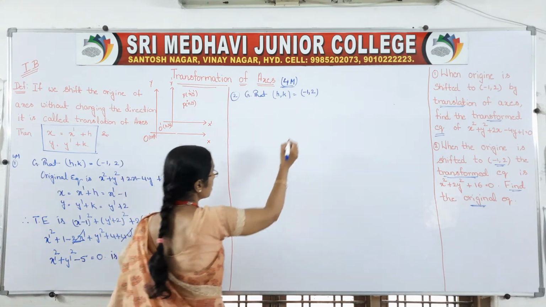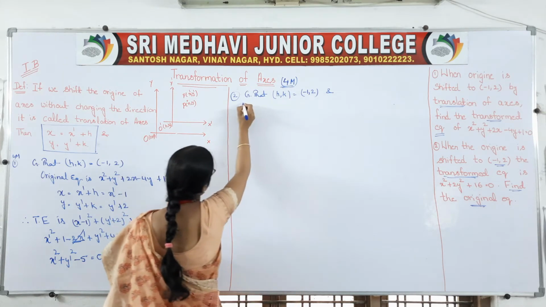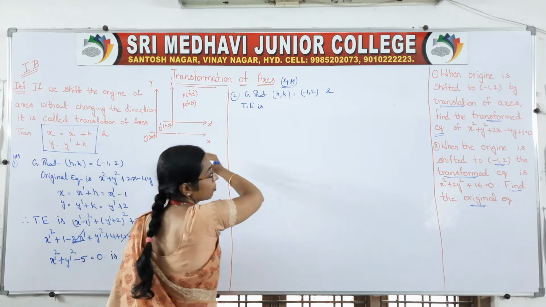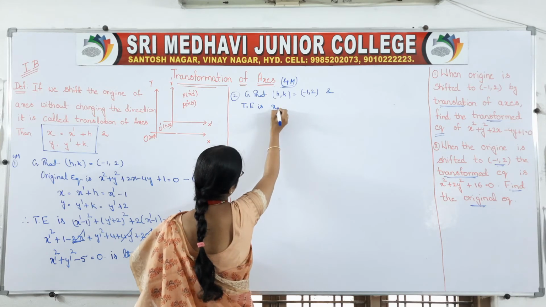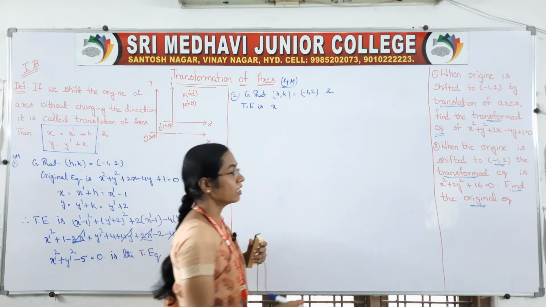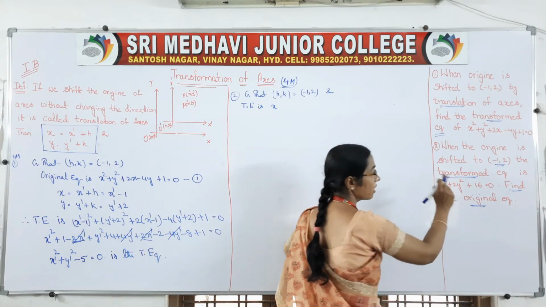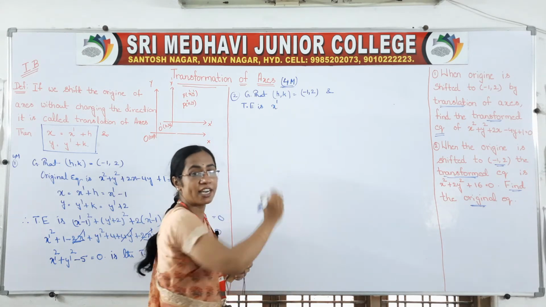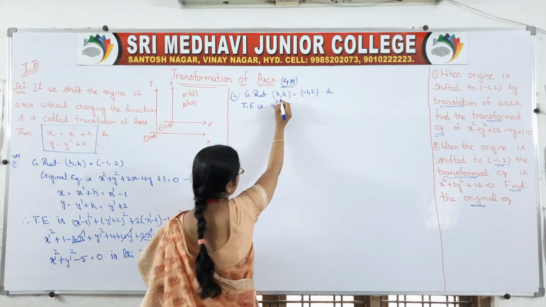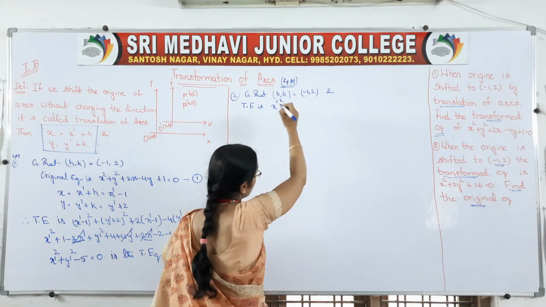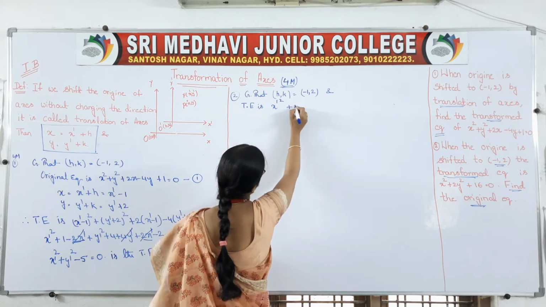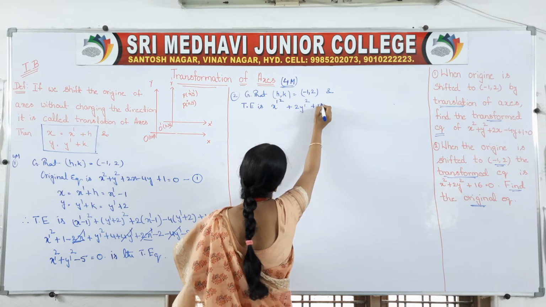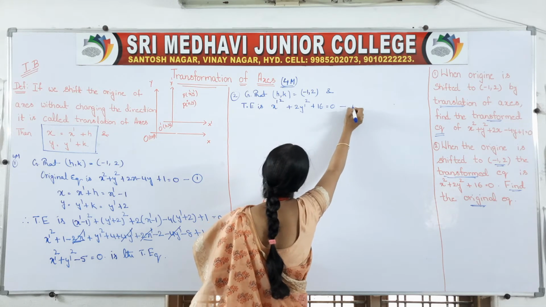And the transformed equation is given. Actually it is given in terms of x and y, but whenever it is a transformed equation, I said it should be in terms of dash. So you write the given equation in terms of dashes: x dash whole square plus 2y dash whole square plus 16 is equal to 0.